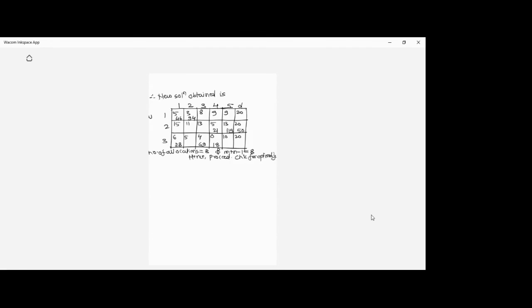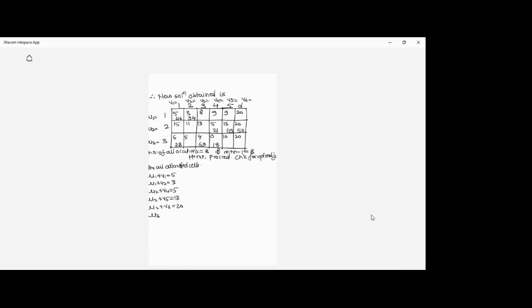So here again it will be u1, u2, u3. It will be v1, v2, v3, v4, v5, and v6. Right. So let's address this. For all allocated cells, we are going to write u1 plus v1 is equal to 5, u1 plus v2 is equal to 3, u2 plus v4 is equal to 5, u2 plus v5 is equal to 13, u2 plus v6 is equal to 20.